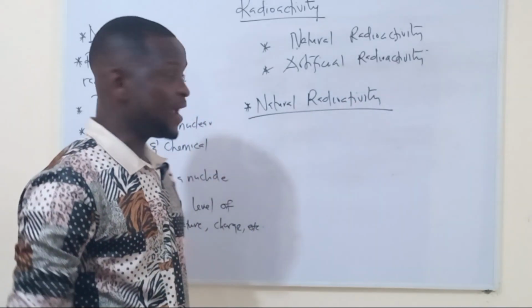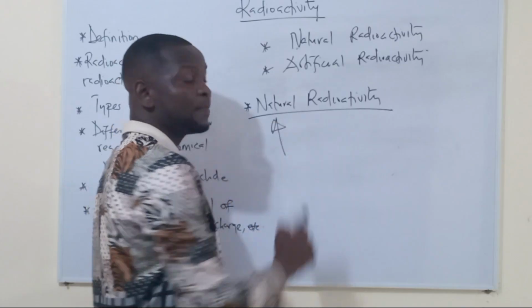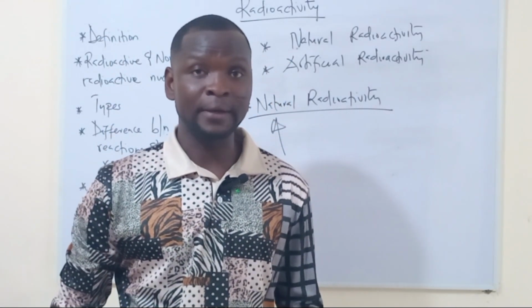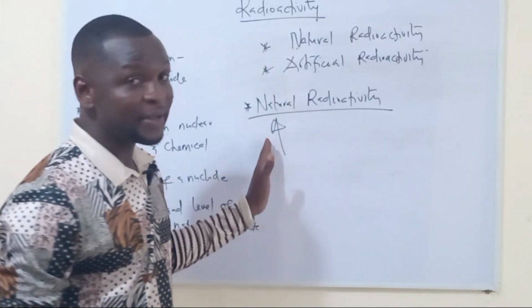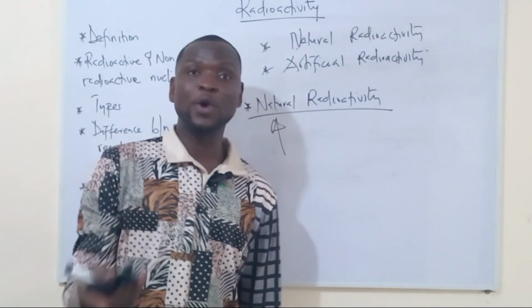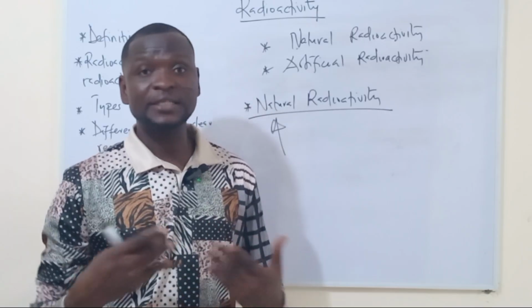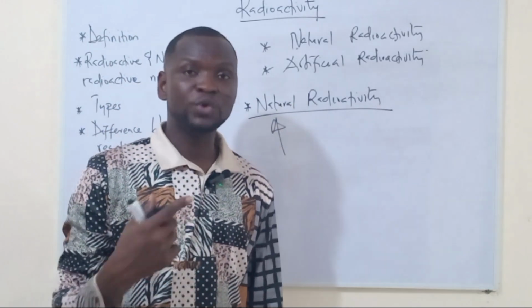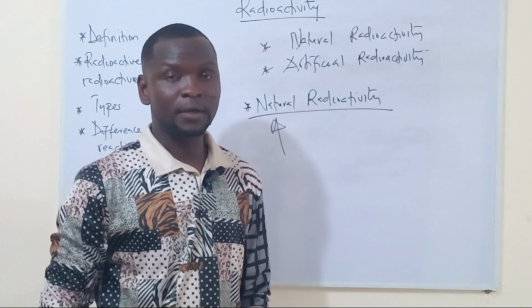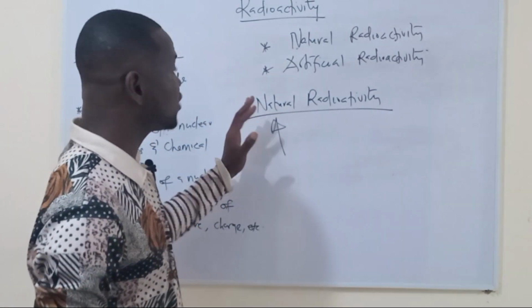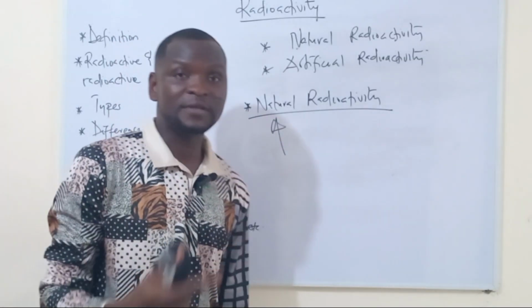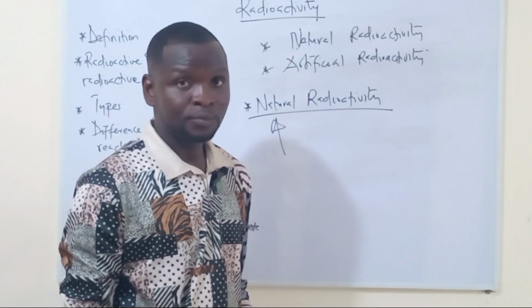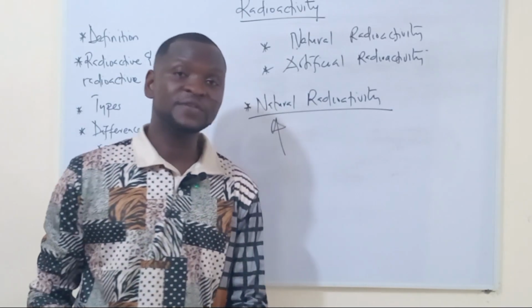As the name implies, natural. Something that is natural means that it is not by the influence of man. We are saying that these radioactive elements by themselves will undergo a disintegration. When the radioactive element identifies that it is unstable, that element will disintegrate by itself to give us other nuclides accompanied by the emission of radiations and energy.